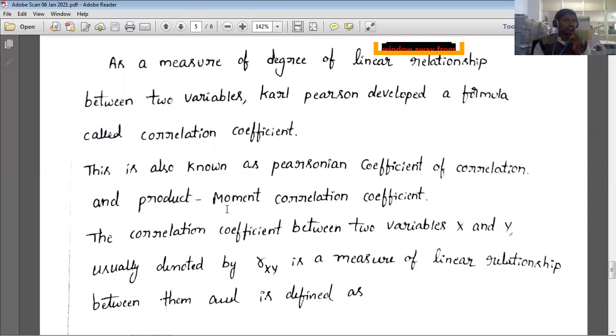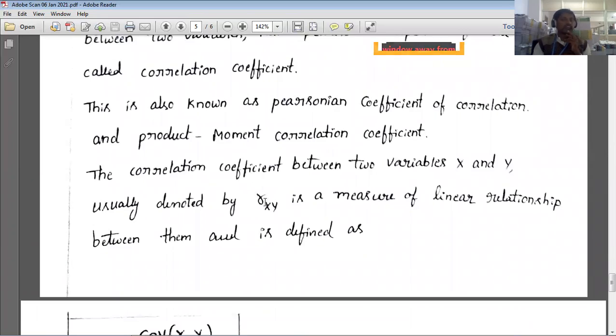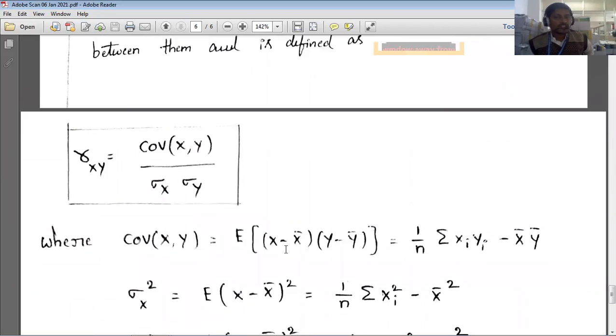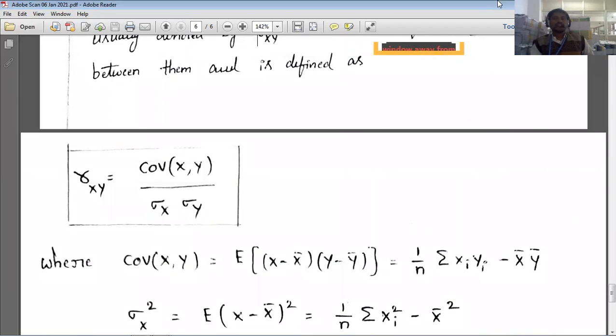Generally we denote this by Rxy, where x and y are the two variables. Between two variables we make a relationship, and that is denoted as Rxy. These are the different formulas you see here.